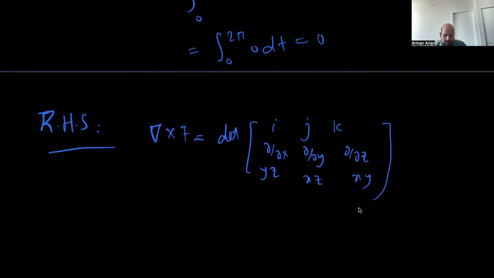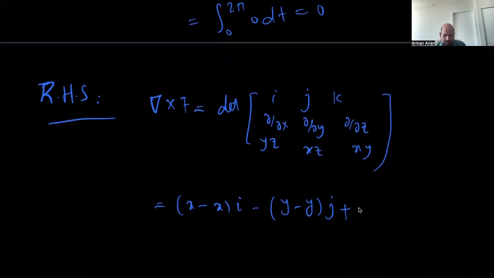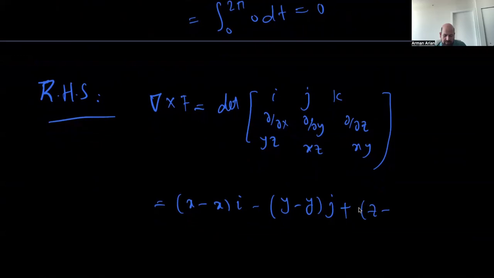So if I delete row 1, column 1, d/dy of this is x, so this becomes x minus d/dz of this, which is also x, times i. Then delete row 2, column 2, minus y minus another y, j. Then we delete row 1, column 3, and it becomes z minus z, k, which is also 0.